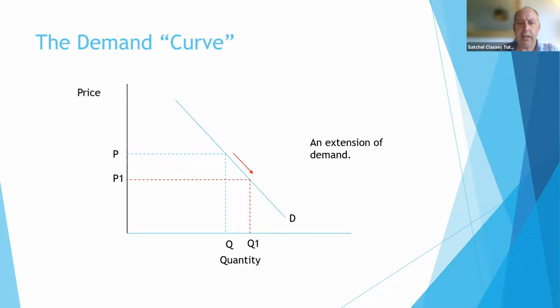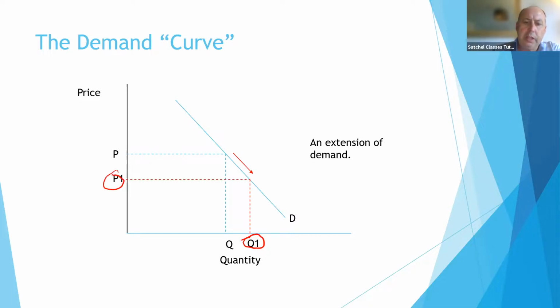So let's see that in action. So P to P1, our price has fallen, and we've drawn our dotted lines across the demand curve. And when it hits the demand curve, we drop down to quantity, and that's how much we would demand at price P1.